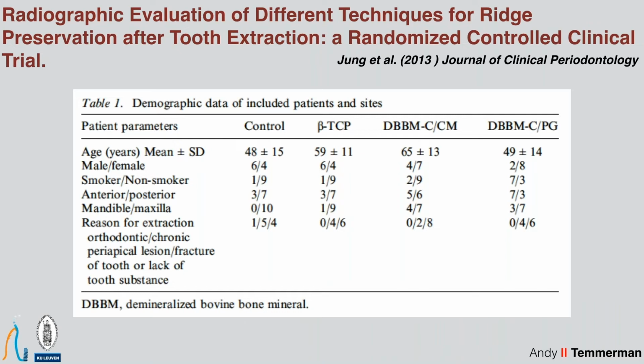Now, when it comes to the methods that have looked into possible options to at least partially overcome the problem of ridge resorption, the so-called filler materials, I frequently refer to this study that was published by Ronnie Jung in 2013, and he compared unassisted socket healing with beta TCP and DBBM with a collagen matrix or a soft tissue punch graft.